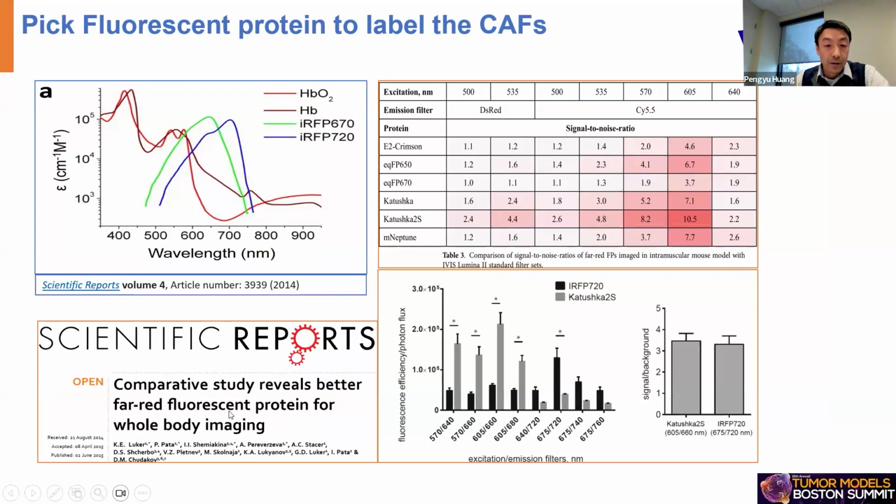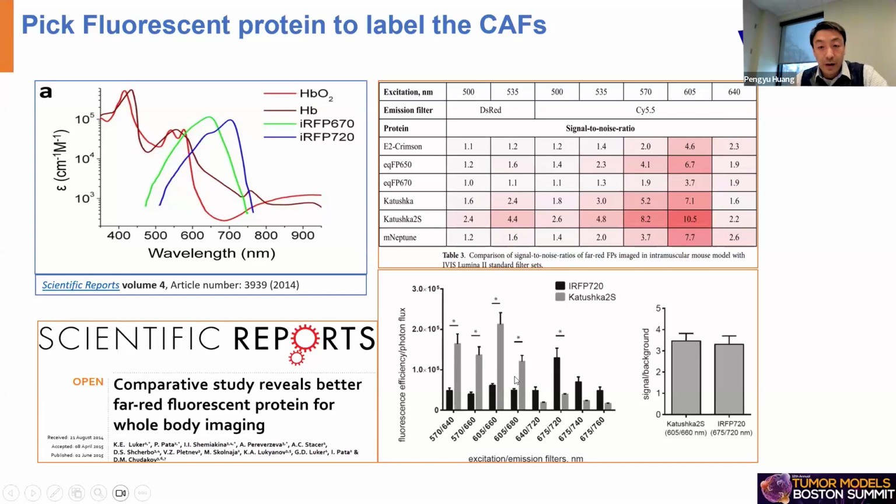The 2015 paper from the Chakdavar group gives us very useful information. From this table, you can see that based on the signal-to-noise ratio, Katushka 2S has the best number.